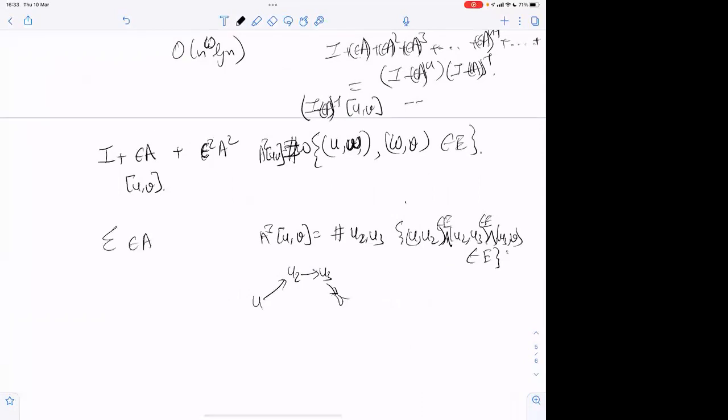Summation of epsilon A whole to the power i converges for sufficiently small epsilon, like epsilon equal to 1 by n, because then the matrix is strongly diagonally dominant or something, correct? So this series sums to I minus epsilon A inverse. And so there is a path if you can invert the matrix.